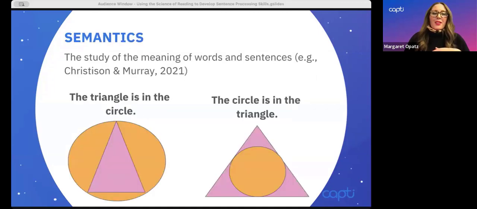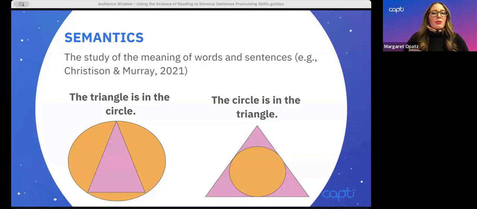So then as far as semantics goes, this is really the study of meaning. So we're thinking about what do words mean and what do sentences mean? I think this is a really important point to make: within a sentence, the words matter. So if I say the triangle is in the circle, that's going to look very different from the circle is in the triangle.